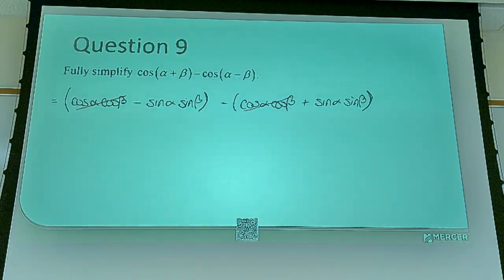They sum to 0. We're left with -2 sine of alpha, sine of beta.